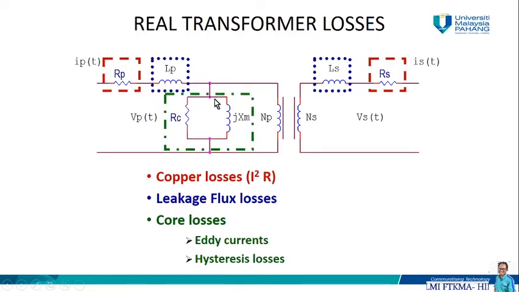Then we have the core losses, where we have the eddy currents and hysteresis losses, all due to the resistance Rc and the inductance jXm. And in the secondary circuit, we similarly have the leakage flux losses and the copper losses, caused by the secondary wire.